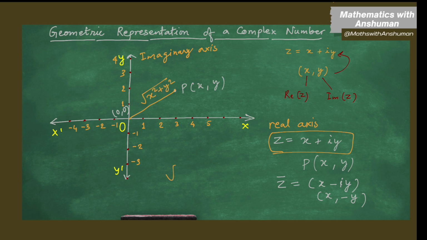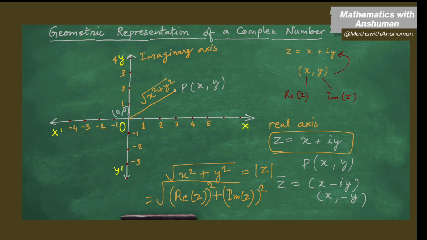So the modulus is the square root of x square plus y square, somewhat represented like this, you know it already. Now here x is the real part of z and y is the imaginary part of z. So if we square the real part of z and the imaginary part of z and add them, the square root of this quantity gives the mod of z.